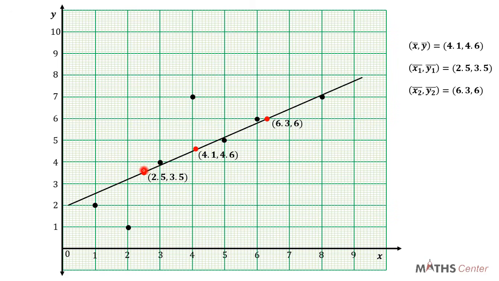We have one here, and one here. We can pick any 2 of them to find the gradient of the line, and then with the gradient and any one of these coordinates, we can find the equation. Here, I'm going to pick the point 2.5, 3.5, and 4.1, 4.6 to find the gradient.